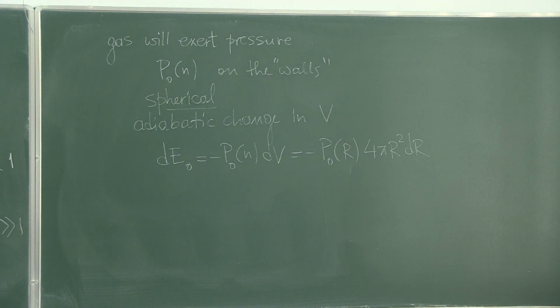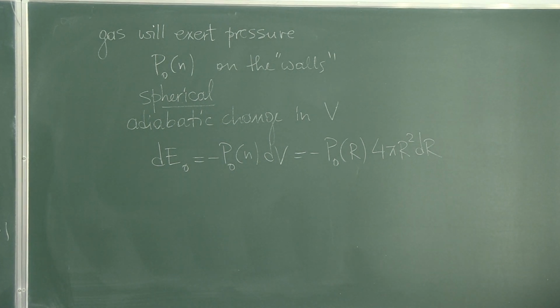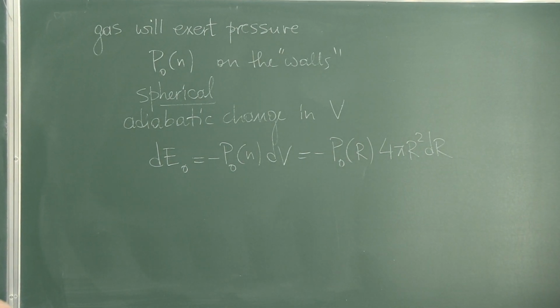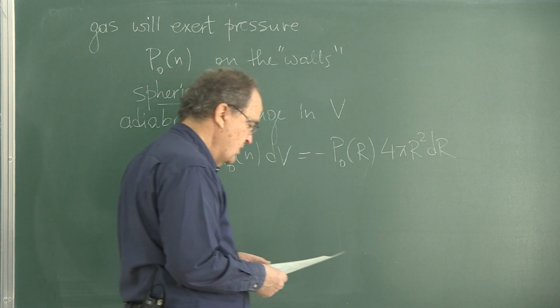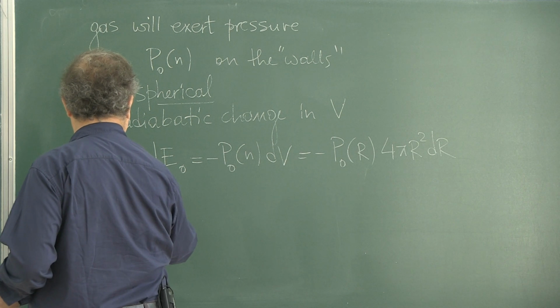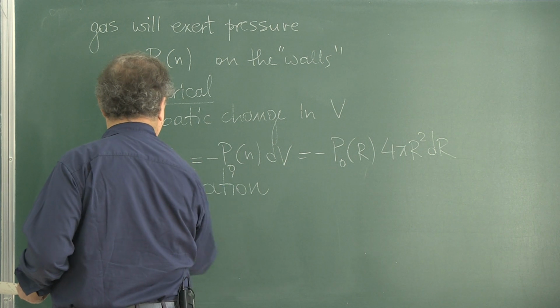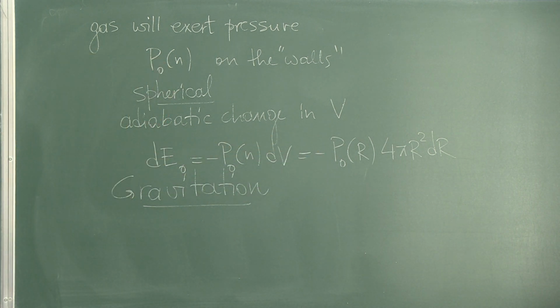P dV is the corresponding change in energy for the pressure we are talking about. So we have to compare this with the gravitational. We have the exact expression for P0 in terms of a of x, so we can look at that in detail.